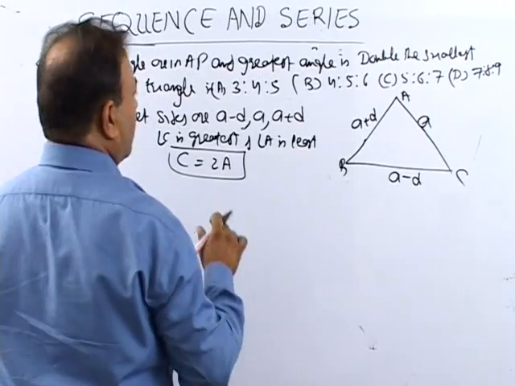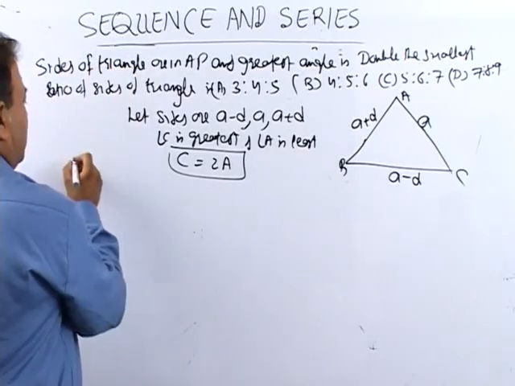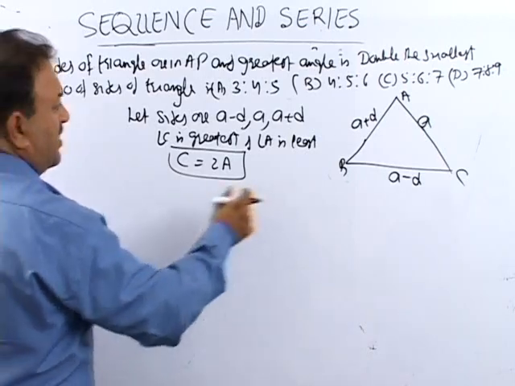Now we get A plus B plus C is 180, and the sides are like this.